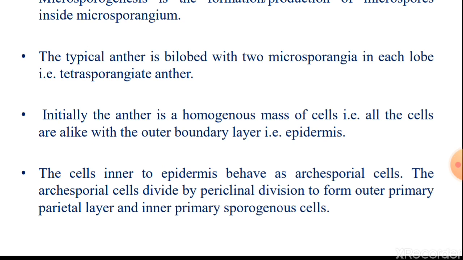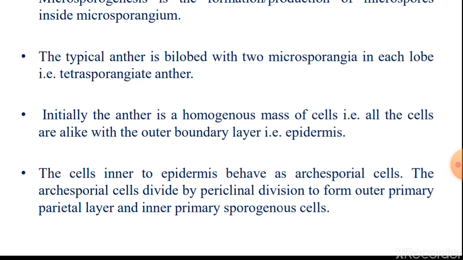The archisporial cells divide by periclinal division to form outer primary parietal layer and inner primary sporogenous cells. The periclinal division results in formation of wall layers, that is, there is increase in number of wall layers, while anticlinal division results in the increase in number of cells in a layer.